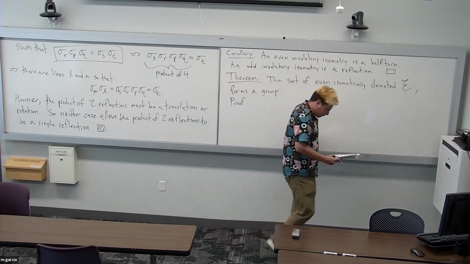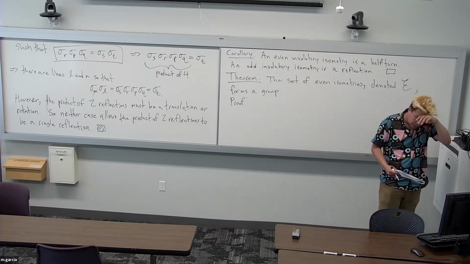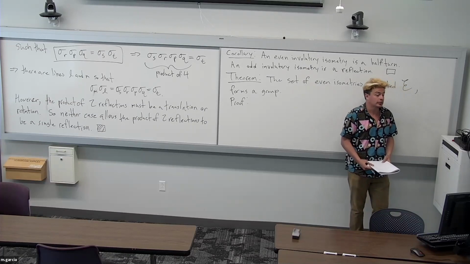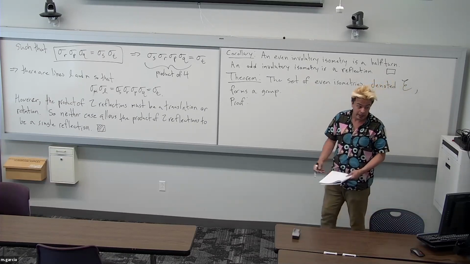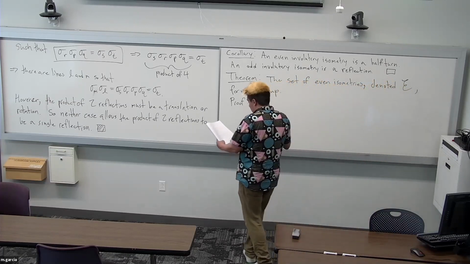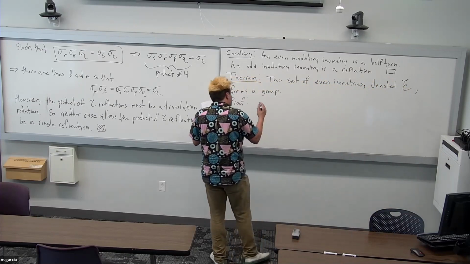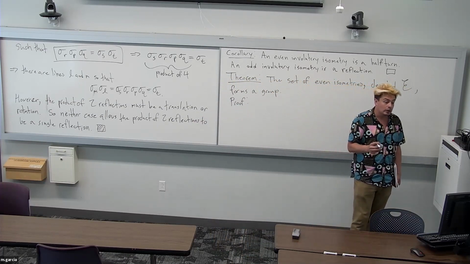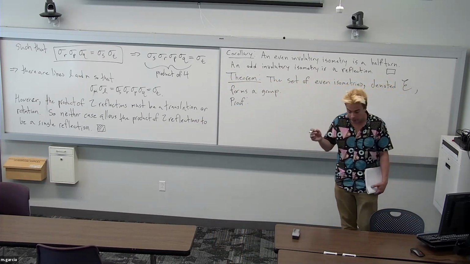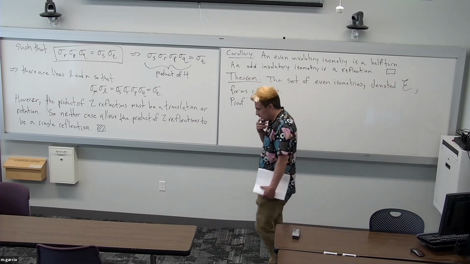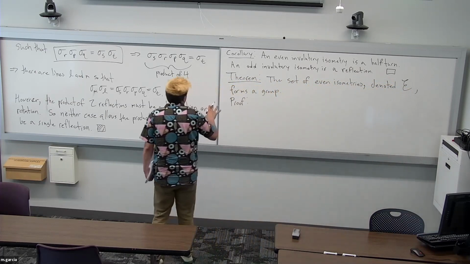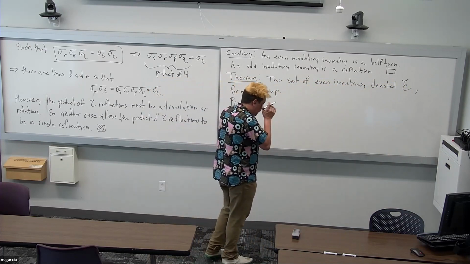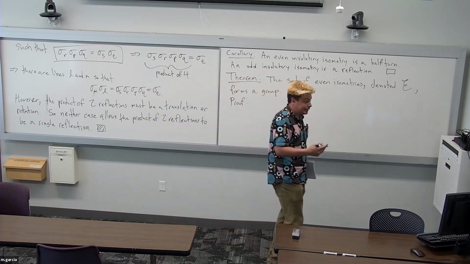Okay, so there's one slightly confusing thing about this. Namely, that even though when we do arithmetic, technically 0 is not even or odd, in the context of isometries, we count 0 as even.